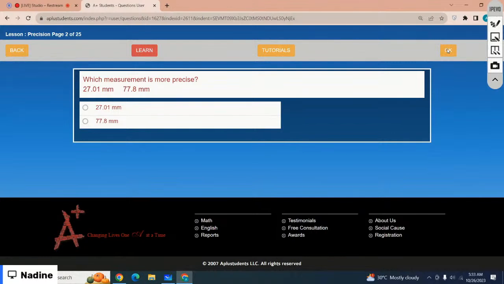The correct option is 27.01 millimeter because that is measured to the hundredth of the millimeter, right?